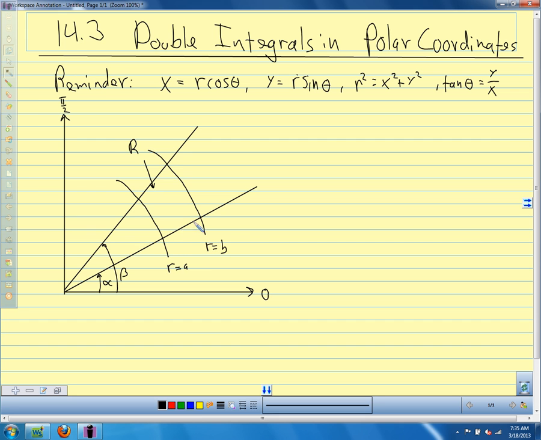So this little piece of this region is going to be delta r. The length of that segment is delta r. And this piece in here is delta theta. We're going to look just at this sector. We want to find the area of that sector, and we're going to think of it as a polar rectangle.